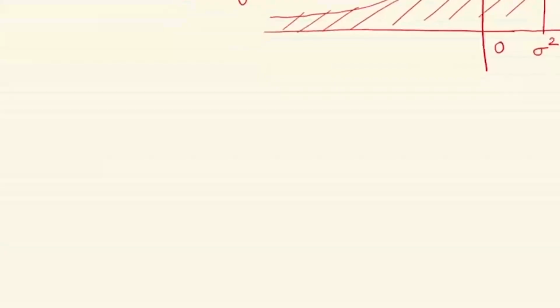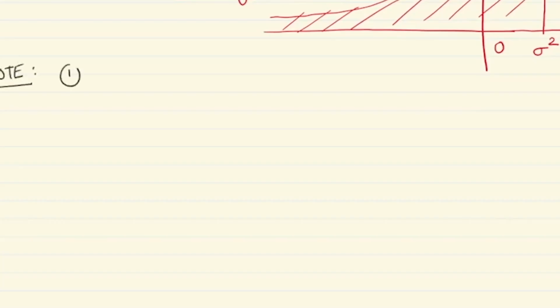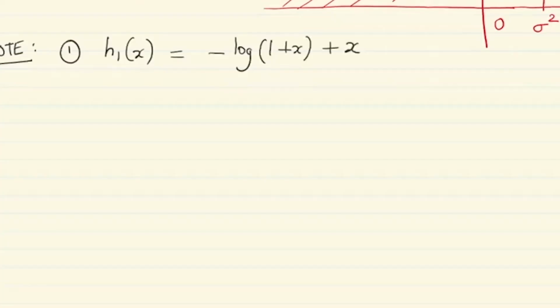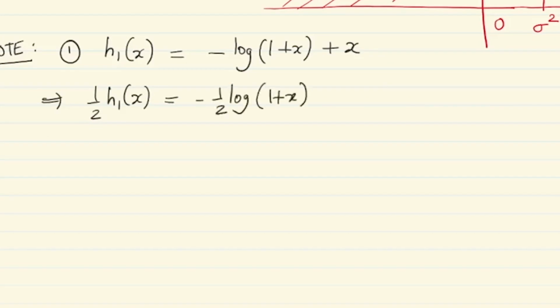So let's start with h1. Okay, so this is our first note. h1 of x, recall that it was x minus log of 1 plus x. So this means that half h1 of x is equal to minus half log of 1 plus x plus x by 2.